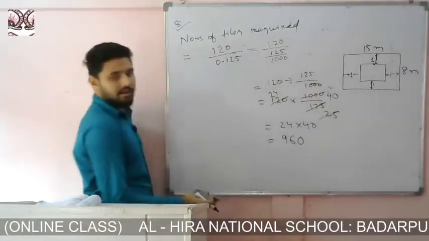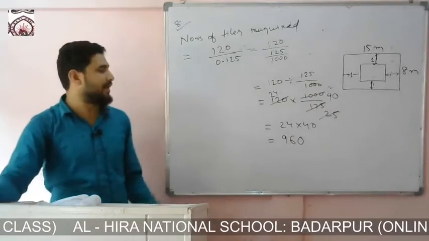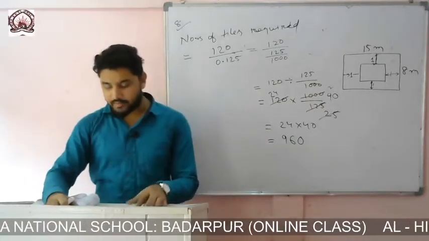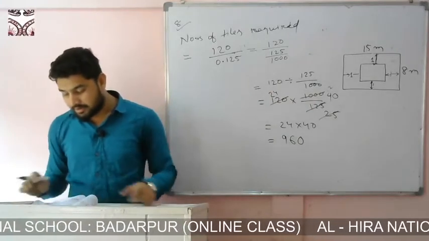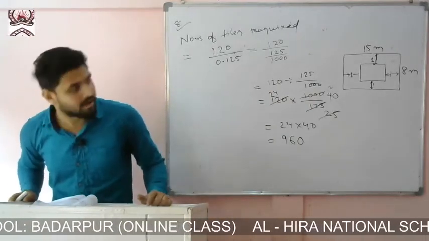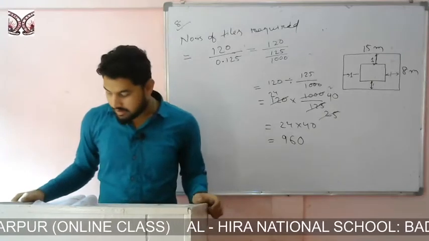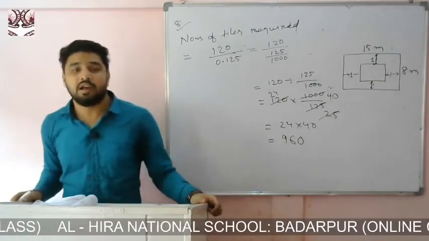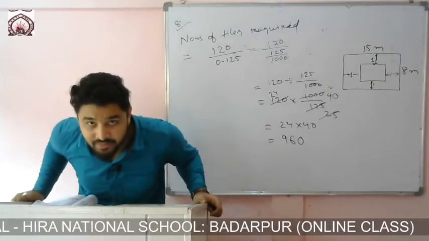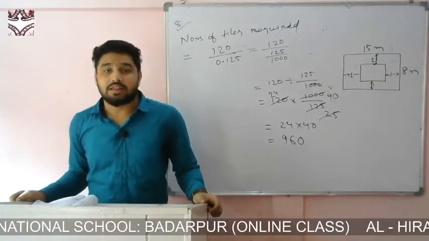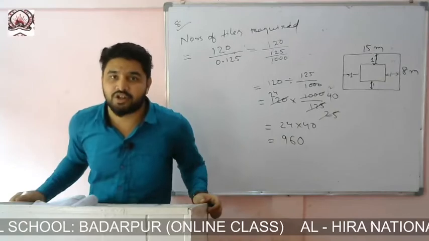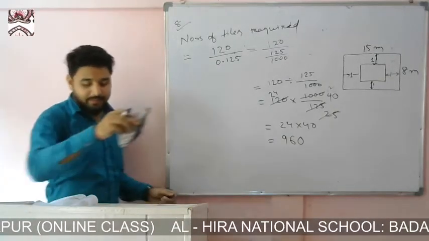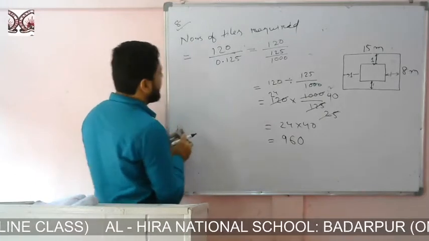So the number of tiles required is 960. Now we have to find the fraction of the floor uncovered. That means first of all we have to find the dimension of the carpet. Otherwise we cannot find the fraction of the floor.